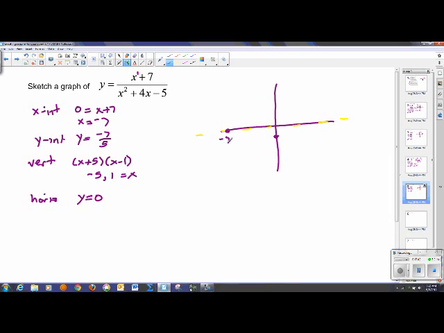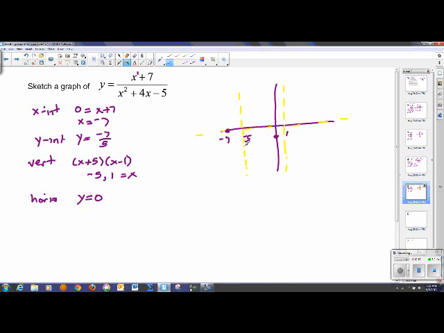We're having a point on that horizontal asymptote, which is okay because we said the horizontal asymptote only describes end behavior. My vertical asymptotes are 1 and -5. Once again, call that 1 and -5 here.